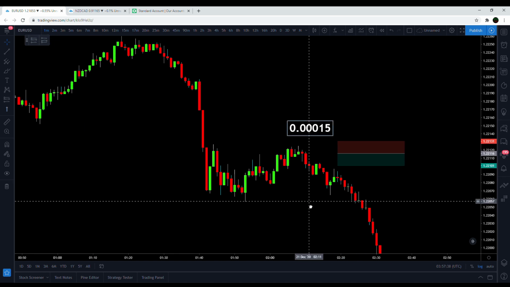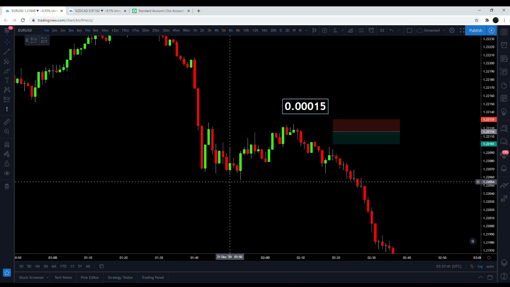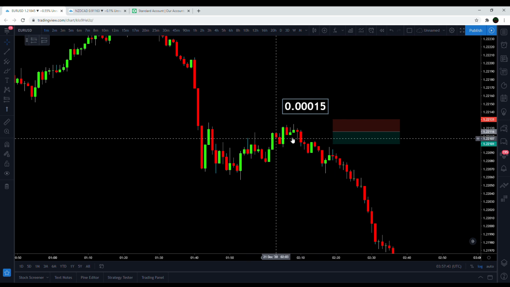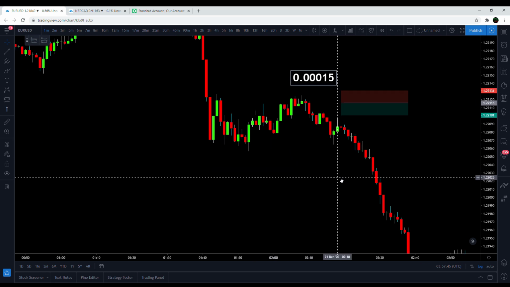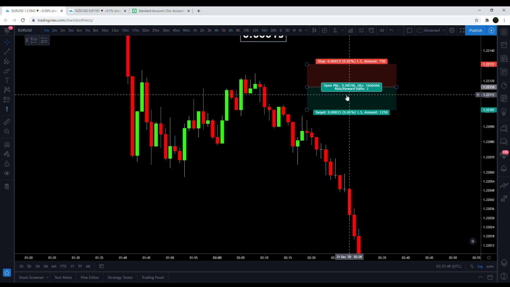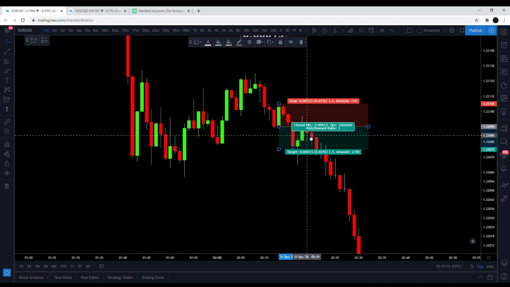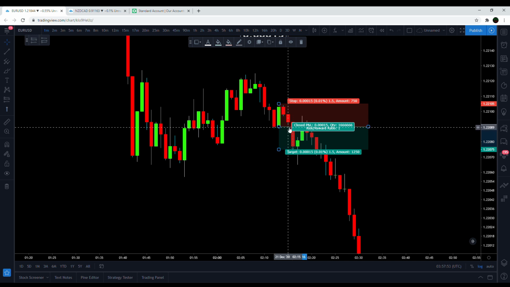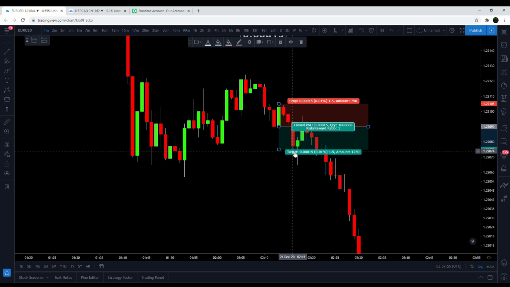You have a move down followed by sideways consolidation, and then your system gives you a short entry. Okay, so you think that you're entering right here, but you're actually entering down here because of the spread. So you're getting a worse short entry position.